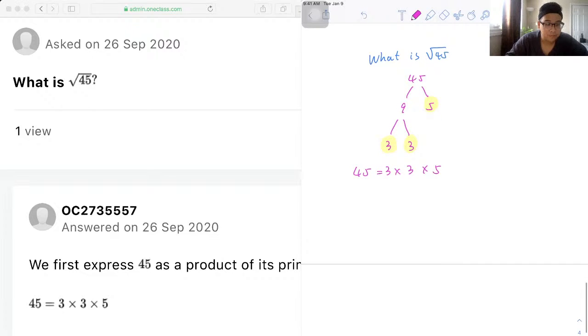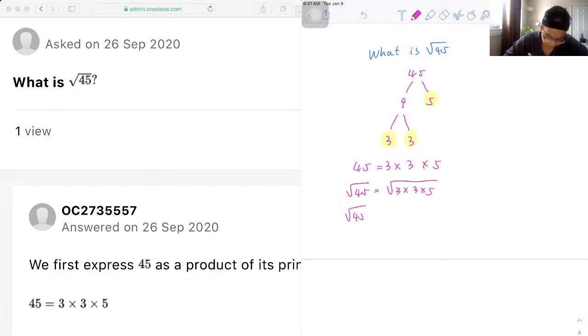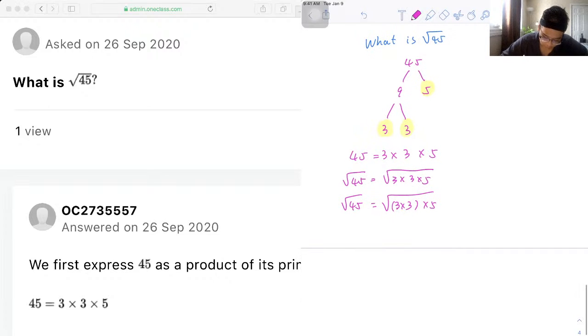Right. So now we can apply the square root to it. So square root 45 is equal to square root 3 times 3 times 5. And now let's group them by pairs of the same factor. So the left hand side is still going to be root 45, and now we group the 3s together.